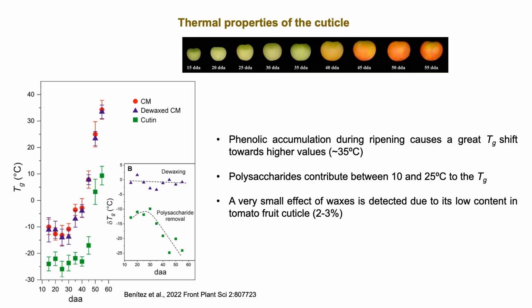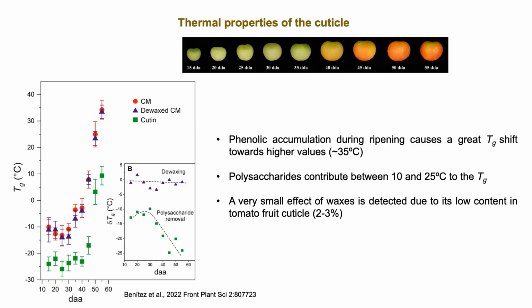One important thing is that in tomato, the cuticle has a more or less fixed amount of phenolics during development, and during this period of ripening, the amount of phenolics increases dramatically. That's a very specific characteristic of tomato. And that increase in the glass transition temperature is due to that amount of phenolics. Again, the role of waxes cannot be very well seen here because when we compare the red dots with the blue triangles, the differences are minimum.